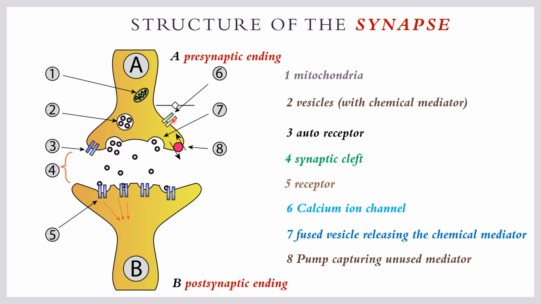We also have a calcium ion channel, because we will see later on, in other lectures, that for the movement of the vesicles and their binding to the membrane, we need calcium. When the action potential arrives at the end of the terminal, it will trigger this ion channel to open.